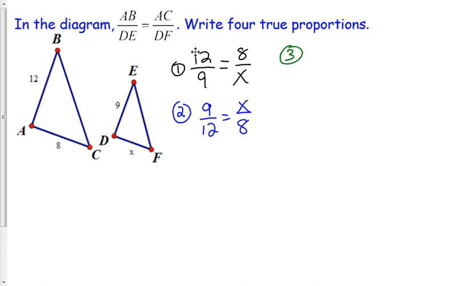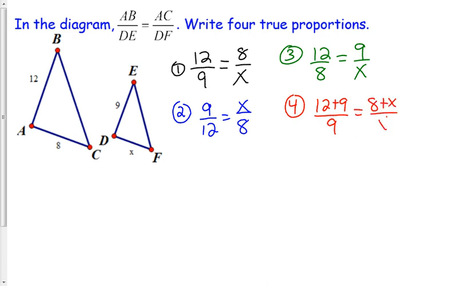Number 3 was to switch the means, B and C. So we're going to have 12 over 8 equals 9 over X. So we just switched our means on that one. And then number 4, the weird one. We're going to have 12 plus 9 over 9 equals 8 plus X over X. And I'm fine with you leaving it as 12 plus 9.